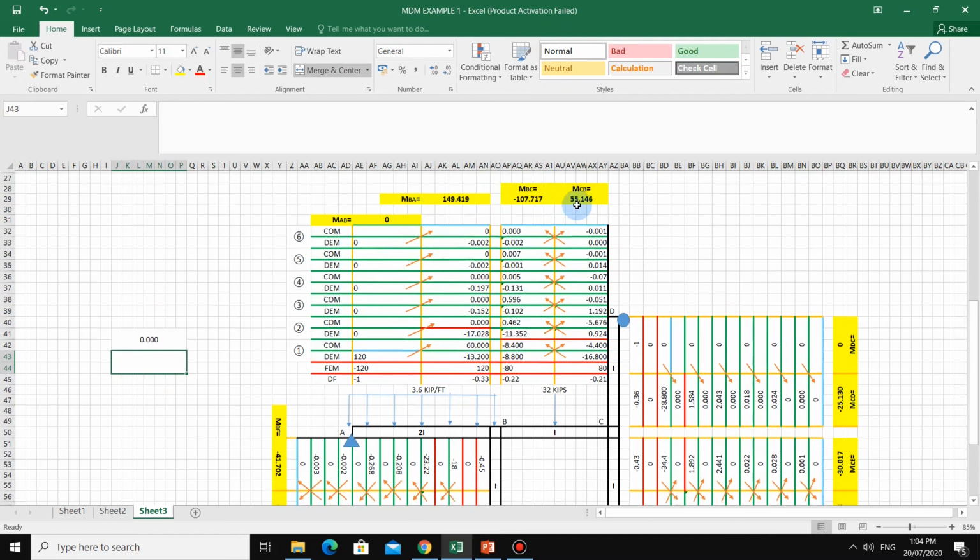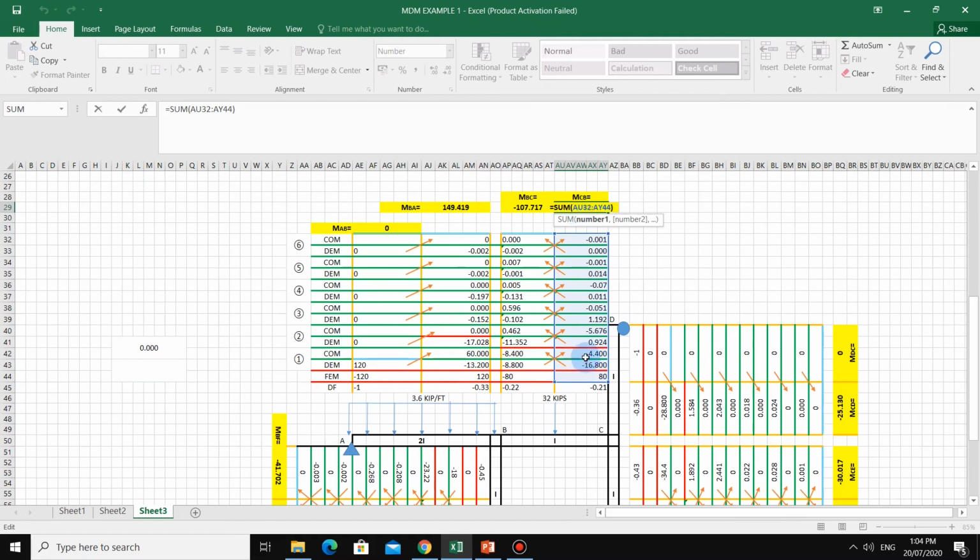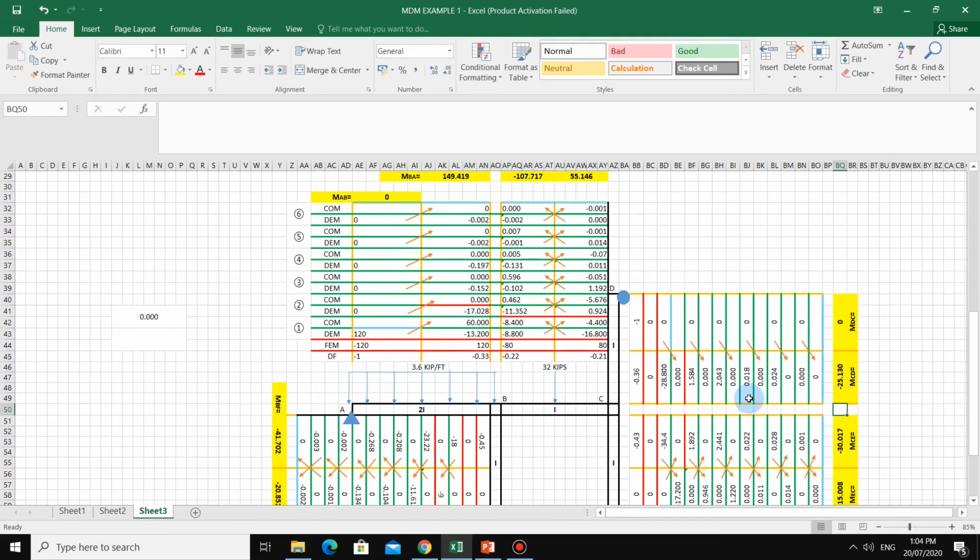So for CB, no, moment for CB. So add na tanan. Then natin 55 na positive 55.146. Then for CD, so add niya po na siya tanan guys, no? From 0 to all the cycles. So we have negative 25.130.